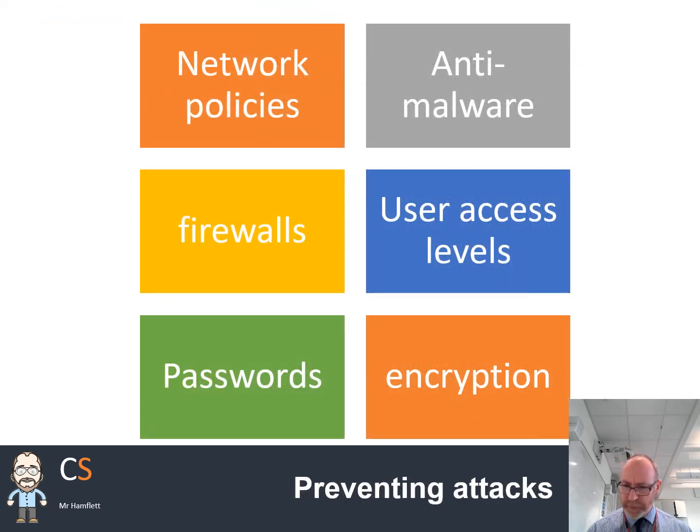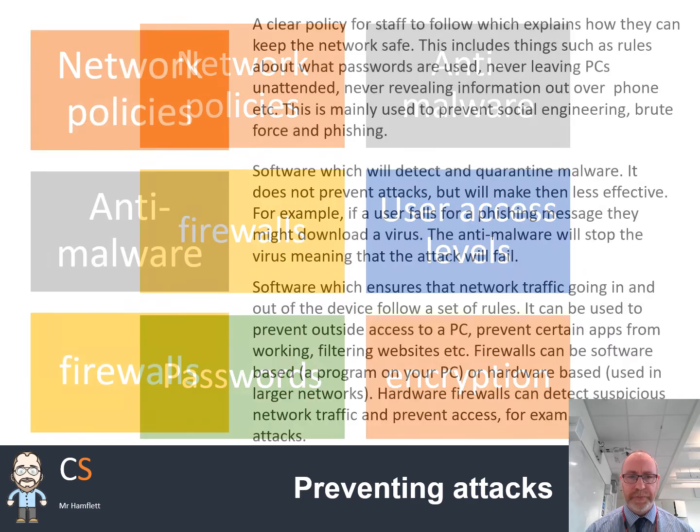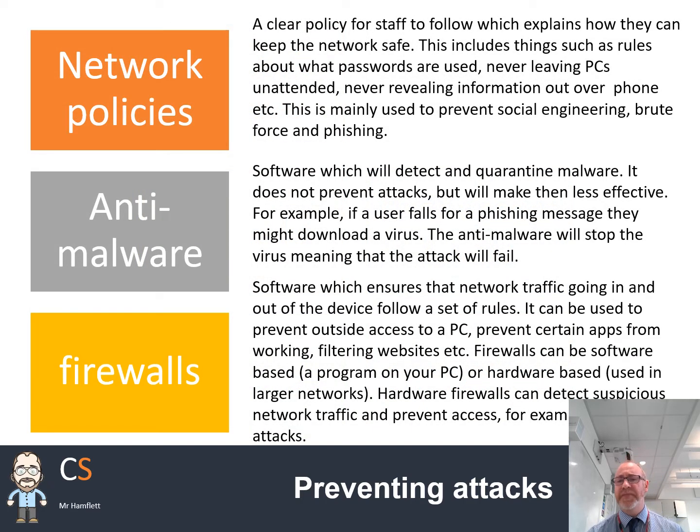Right, well, how do we stop these attacks then? Each of these will have different effectiveness, so I will talk about what that means as we go through it. Networking policy is effective against brute force, and also social engineering and phishing, because it's guiding staff on how to protect themselves against phishing attacks.